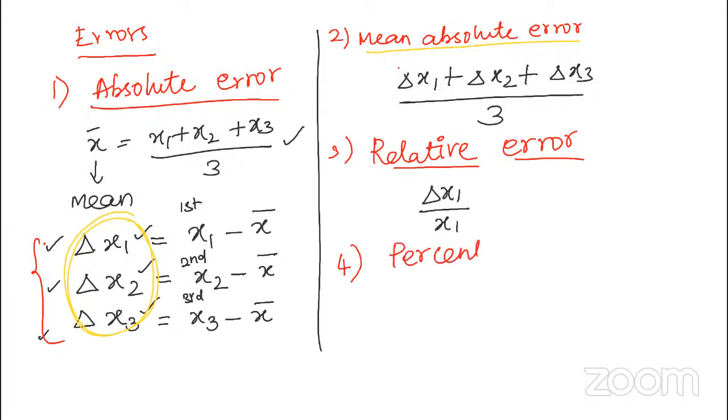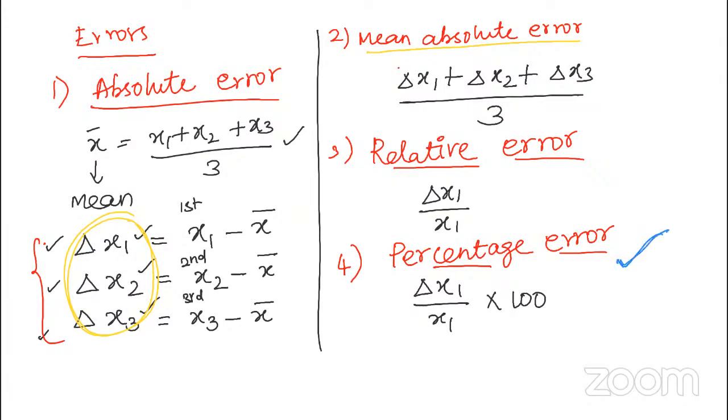The formula to calculate percentage error is delta x1 divided by x1 into 100. Most of the problems asked in this part are on percentage error. They ask us to calculate the percentage error, so this formula is very, very important.